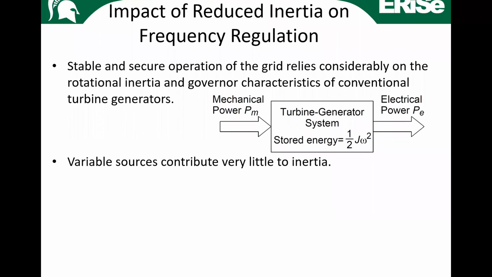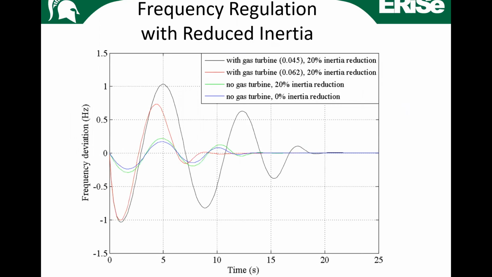But we know that variable resources supply very little inertia. And as they displace conventional resources, what happens? So we ran a bunch of simulations. Okay, so let me explain this graphic.